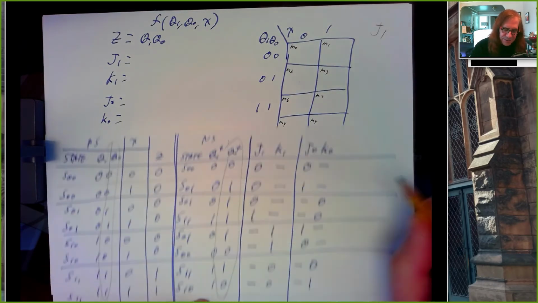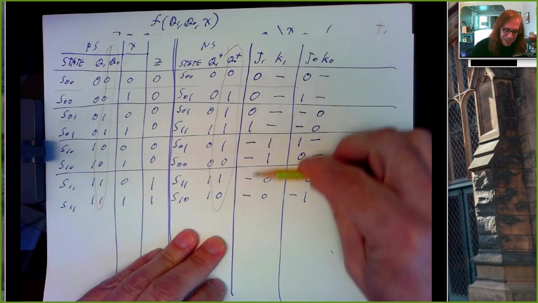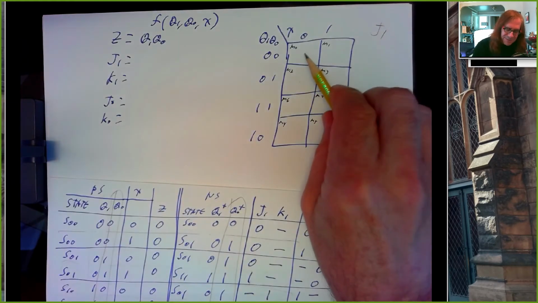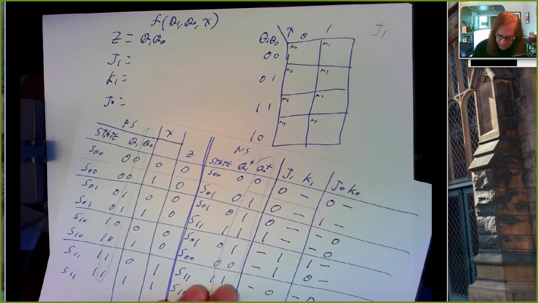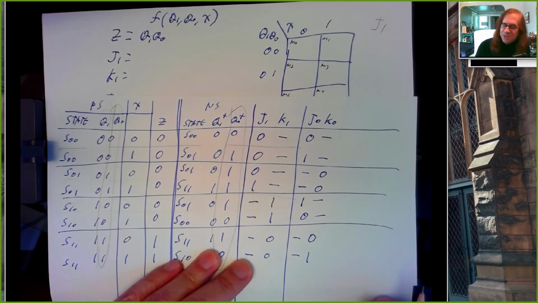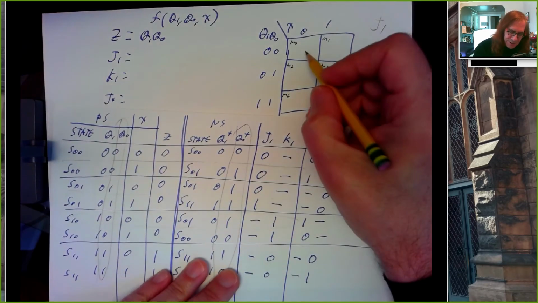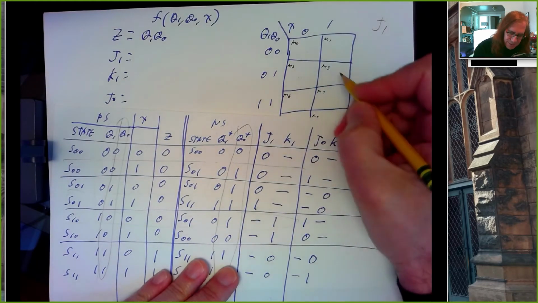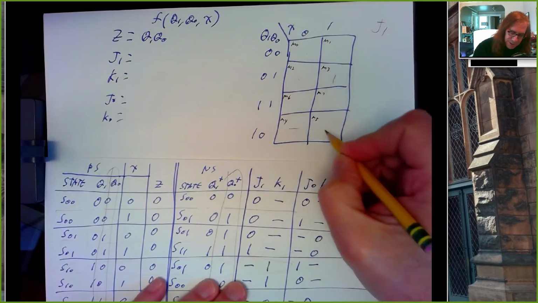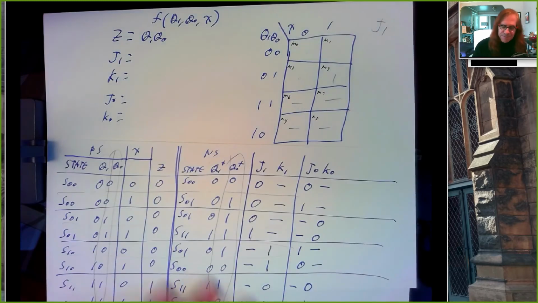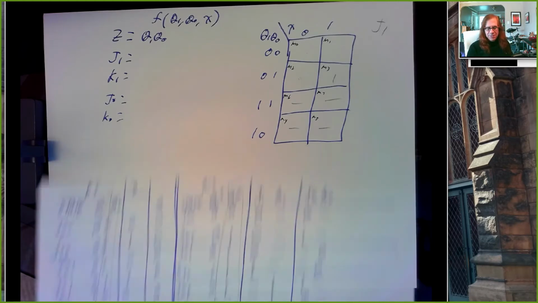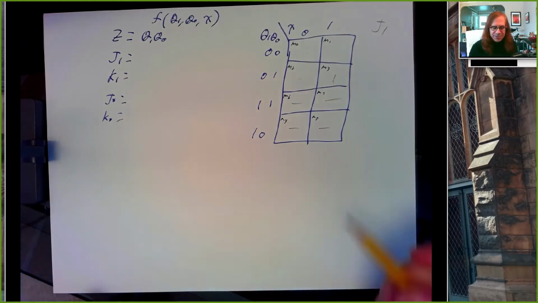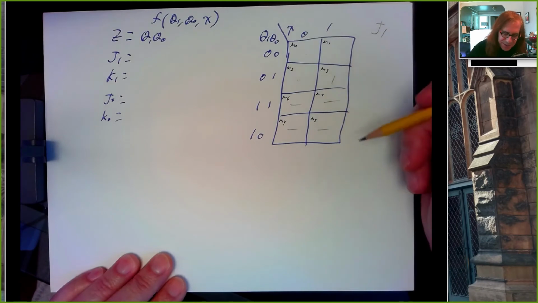The advantage of doing this is I can simply read down from top to bottom and fill these in, first, second, third, fourth, fifth, sixth, seventh, eighth. So I'm only going to put in my ones and my don't cares. So this is going to be 0, 0, 0, 1, don't care, don't care, don't care, don't care. And so how do I cover this with rectangles to make sure I cover all of the ones?